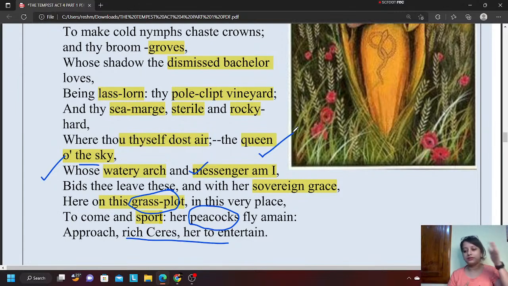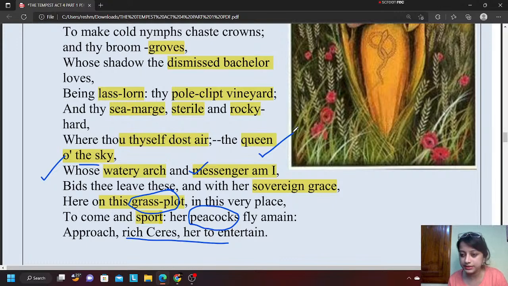और किसको इनवाइट करने के लिए आए हैं? सीरीज को, जो goddess of क्या है? Earth and agriculture. These things should be clear because questions can come. Any doubt with the queens and the kings? No doubts. Others respond. For this part, it is important, so I'll wait for another minute.